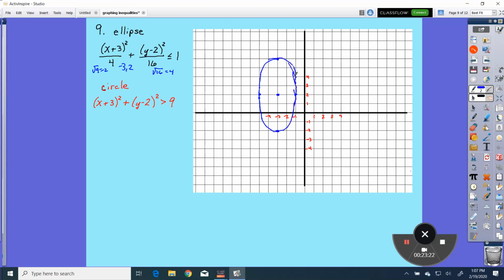Something like that. Okay. Since it's less than 1, we would shade on the inside. So everything on the inside gets shaded. That line wasn't supposed to go out of the inside.